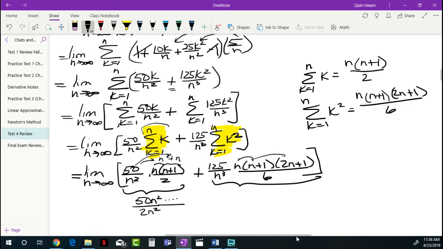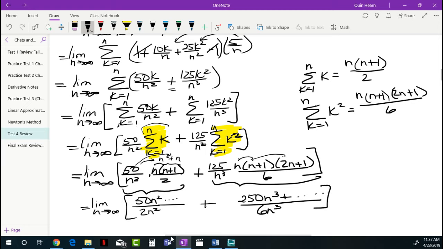Okay, now this looks really messy, but keep in mind, first of all, we can take the limit of each part and add it together as long as each limit is a finite number. And also, when you have a rational expression like this, really all that matters is, in the numerator and denominator, what's the highest degree term.